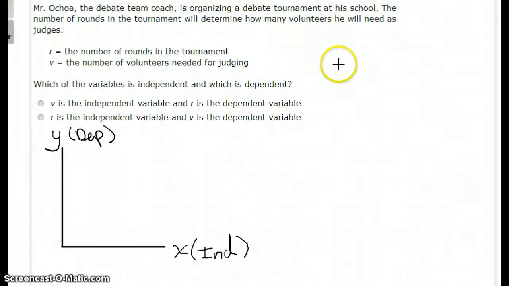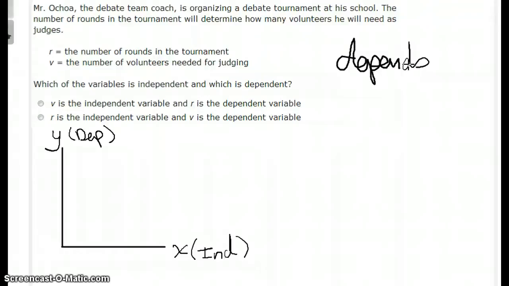I want you to write the word depends. And then I want you to read the statement of the two choices that you have between being independent and dependent. The number of rounds in the tournament depends on the number of volunteers that are judging.